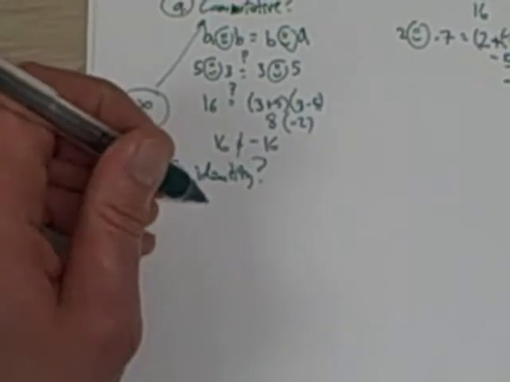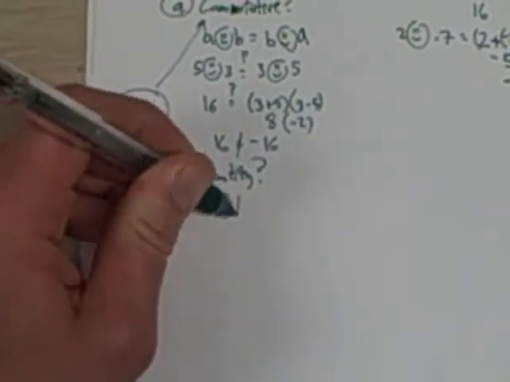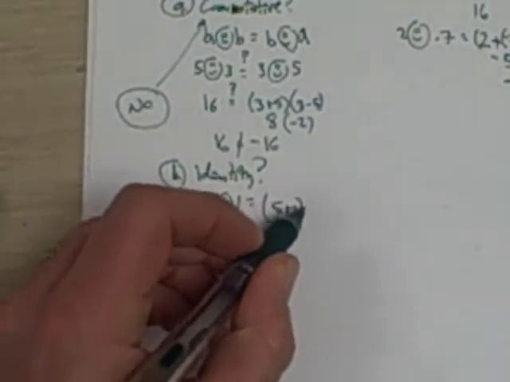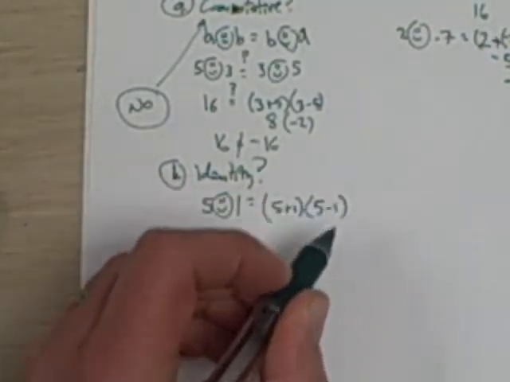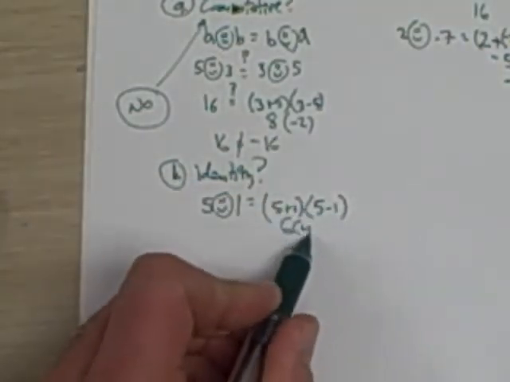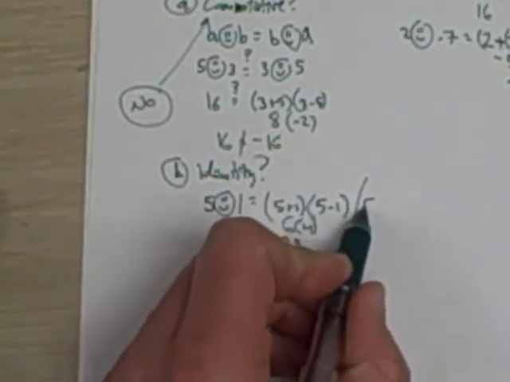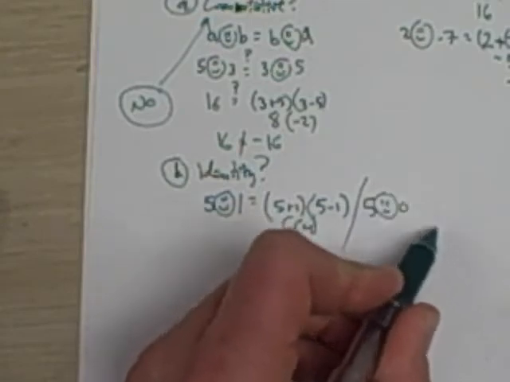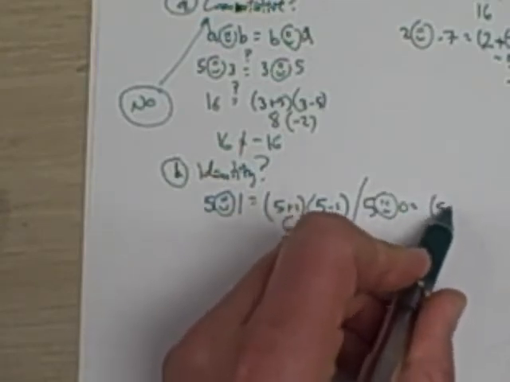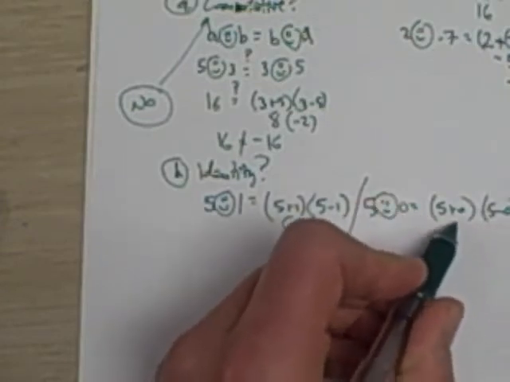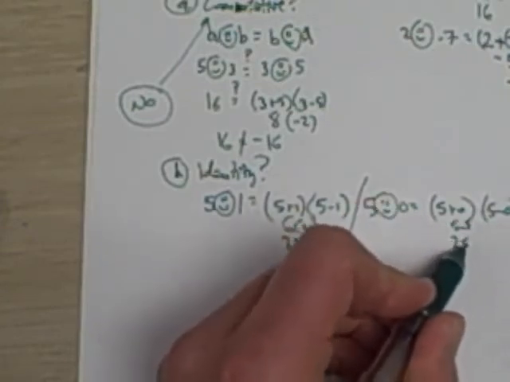So let's try it. Let's go 5 smiley face 1 and see if we get 5 back. 5 plus 1 times 5 minus 1. That's 6 times 4. No, we get 24. It's not 1. Let's try 0. 5 plus 0 times 5 minus 0. Looks like no, because that's 5 times 5 is 25.